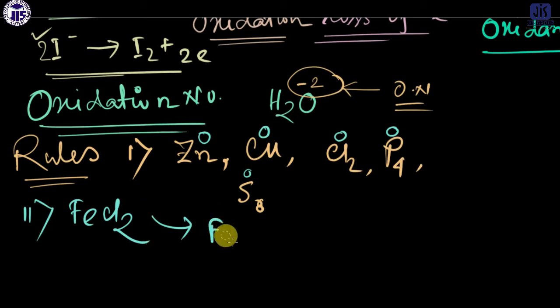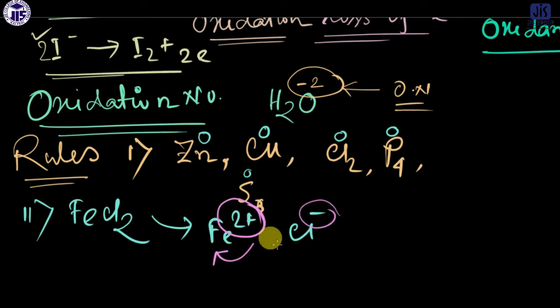FeCl2 exists as Fe2+ and Cl-. So in FeCl2, the oxidation numbers of Fe and Cl are +2 and -1 respectively. So Fe is +2, and Cl is -1.